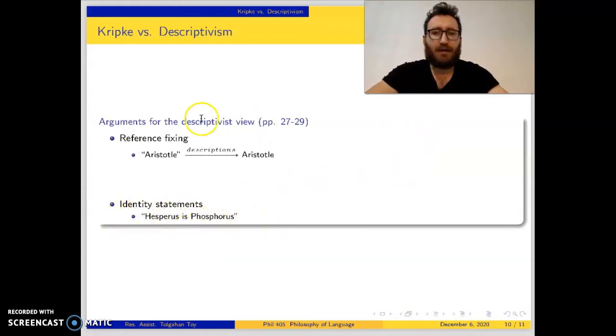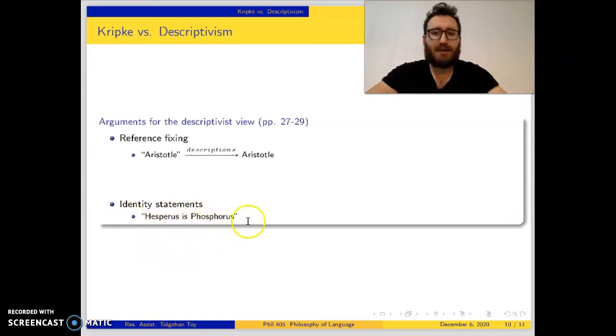The descriptivist theory makes sense of informative identity statements because, in Frege's theory, proper names are associated with definite descriptions. Associated descriptions play a very important semantic role for proper names, like Hesperus here and Phosphorus.